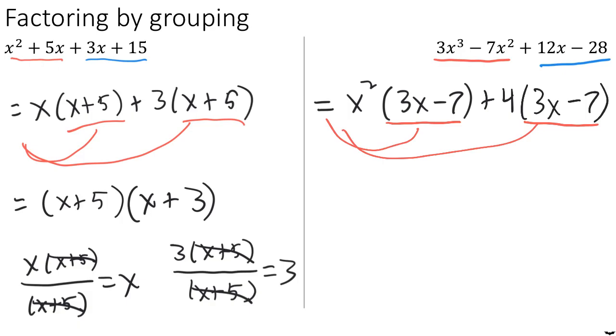So what do we end up with? Well, we're going to have 3x minus 7, and then what's going to be left inside the parentheses? The stuff that's left inside the parentheses is the stuff that was just outside the parentheses, x squared plus 4.